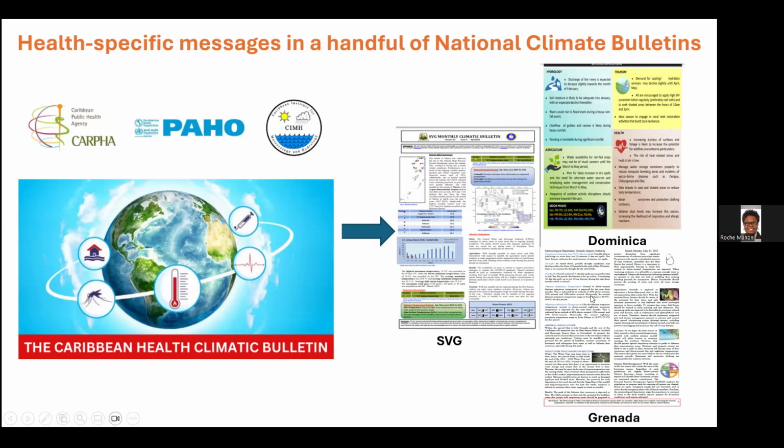We do have a newer effort that's ongoing through the EU-funded Climate Change and Health Project that some of you may be familiar with, particularly colleagues on the call who may be from Barbados, Grenada, St. Lucia. We are working with these countries currently to continue to advance that type of work where we downscale the information in the Caribbean HCB to the national context.